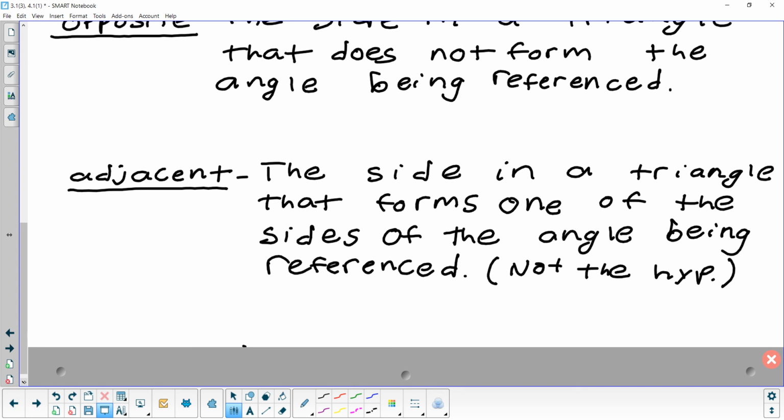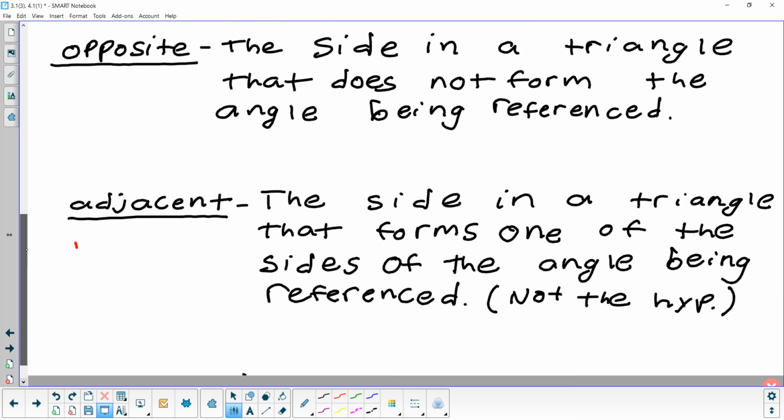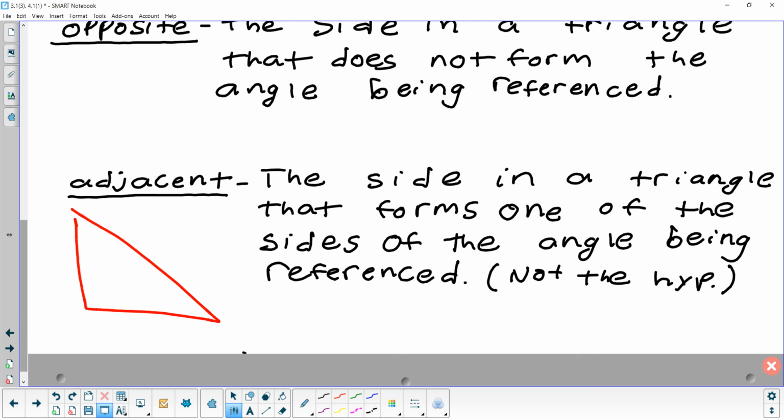Okay, so I call opposite and adjacent relative terms. They're relative to the angle you're talking about. Just like left and right are relative to you and me. Depends which way we're facing. So let's say we had the same triangle, but I mark theta up here.